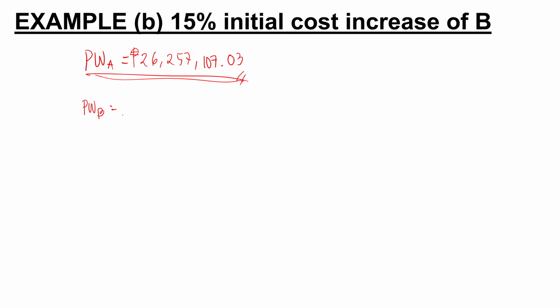So for B, we have a negative 82 million. And since there's a 15% increase, we multiply it by 1 plus 0.15, or the 15% increase. And then we just continue with the rest: 20.5 million times 1.08 raised to 10 minus 1 over 0.08 times 1.08 raised to 10.